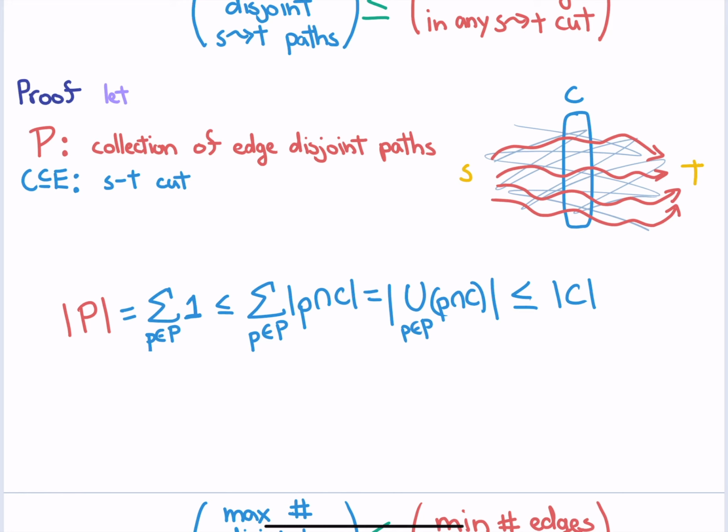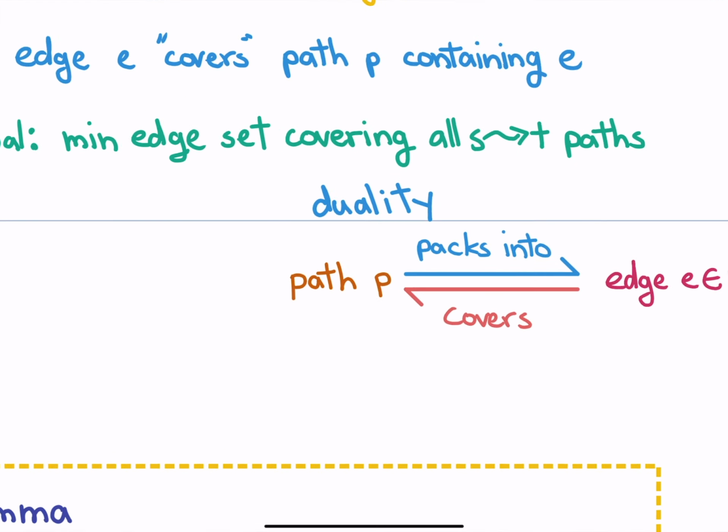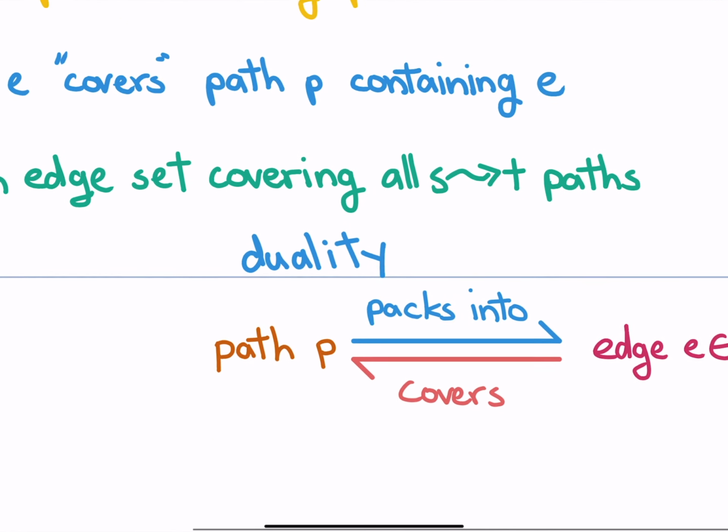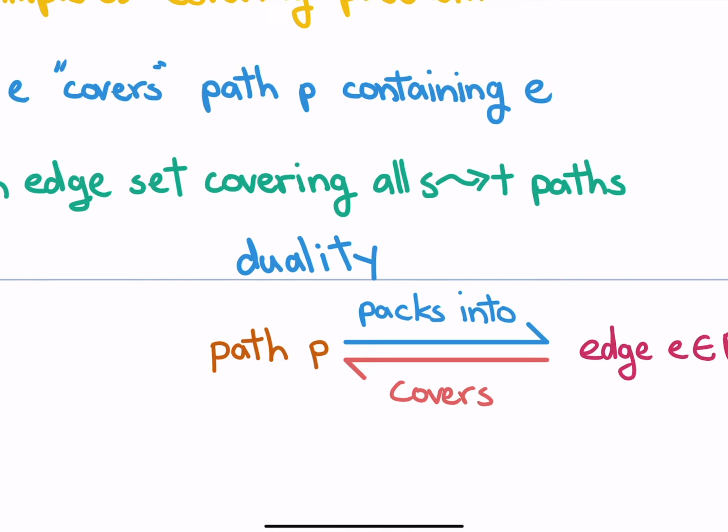We talked about paths and edges in a cut, but really we did nothing more than leverage this packing covering duality. If I had given you any kind of packing and covering setup, you could have done the exact same proof. This is sometimes called the easy direction of this duality inequality.